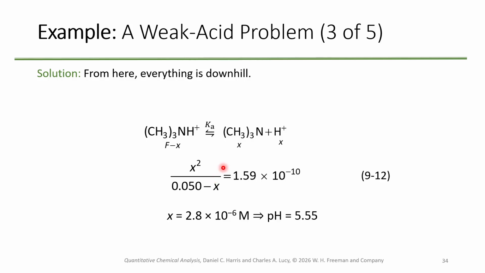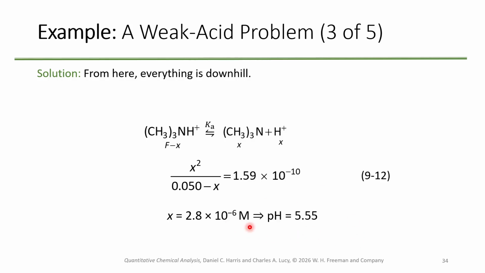And so what you would do then is you would solve by multiplying over 0.05, and then taking the square root, right? Okay. What you would notice is if you do that and make that further assumption that this x is not going to significantly change that number down there, it works very nicely. Yeah. 10 to the negative 6 is not going to change 10 to the negative 2 numbers, right? In any meaningful way. Okay? And so that further assumption actually makes this really trivial to solve.